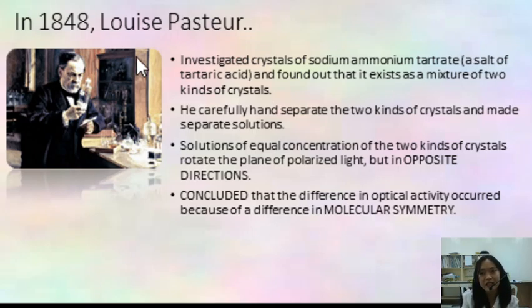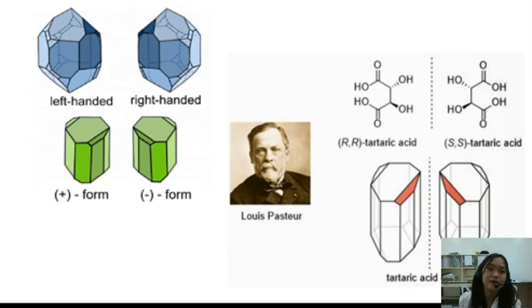So, Pasteur concluded that the difference in optical activity occurred because of a difference in molecular symmetry. So, here, the concept of left and right symmetry will have a role. Again, the difference in optical activity is due to the difference in molecular symmetry of the two crystals.